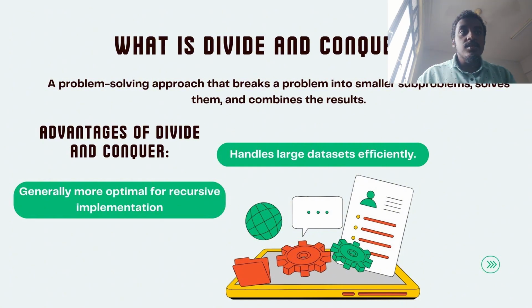These methods split the datasets into smaller parts, sort them, and then combine the results. They are highly efficient for large datasets with an average time complexity of O(n log n).